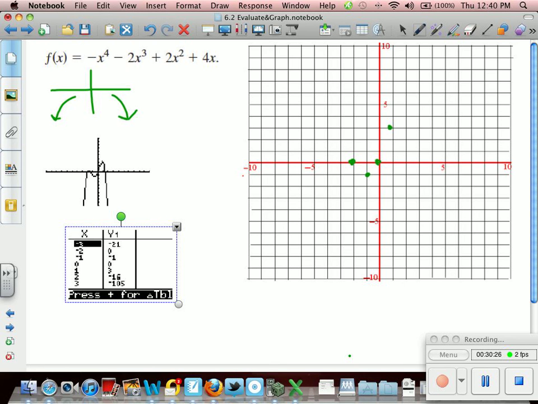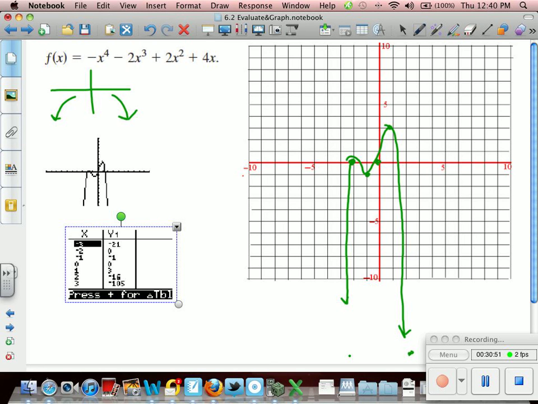So 2 is way down here. My graph. All right, so do the best you can to graph it. Again, I know it's hard. You've got some curves. And that's the general gist.